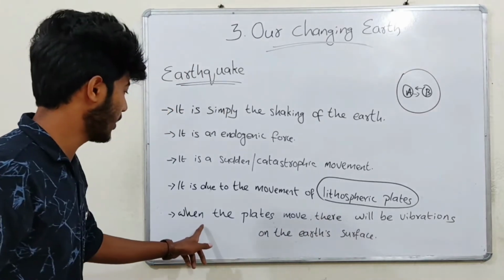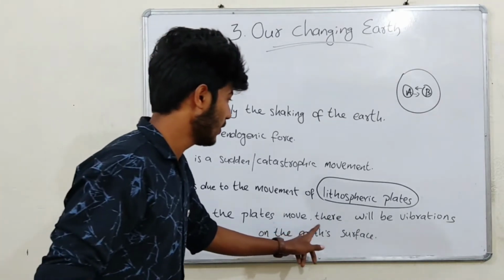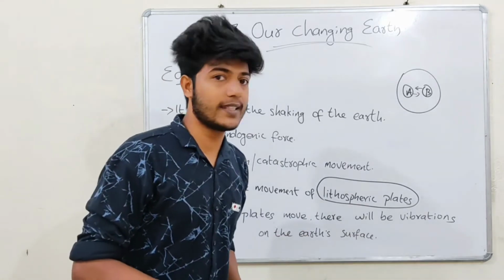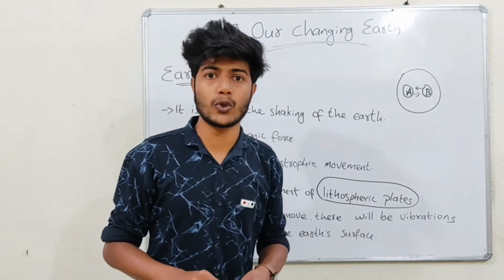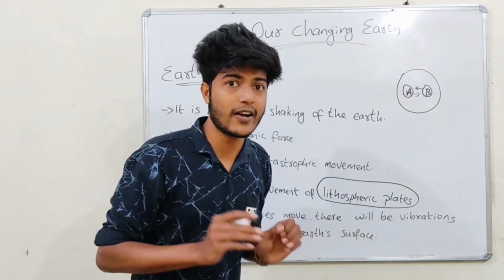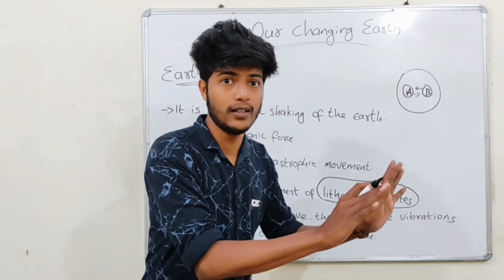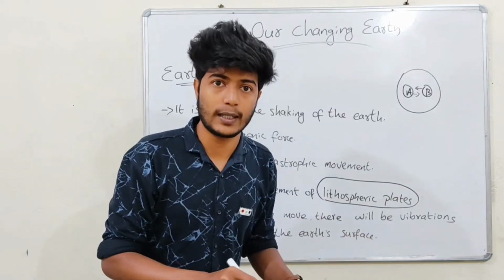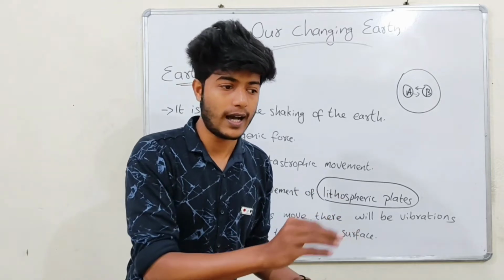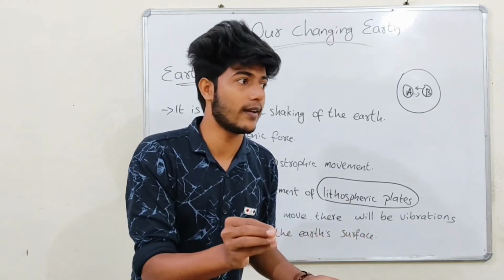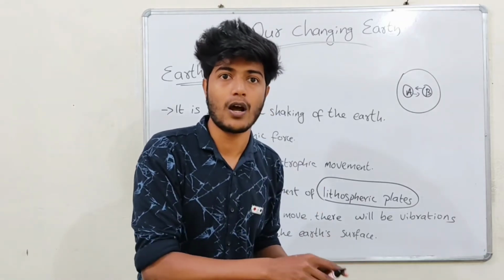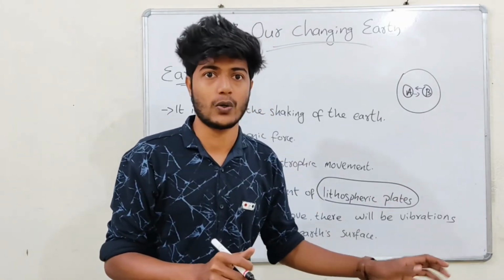Then the next point is, when the plates move, there will be vibrations on the earth's surface. Listen, I will give you an example. I took a table. I have to pull a table. Now listen, I took a table. I kept a ball, and I kept some notebooks. I kept a pen on the table.